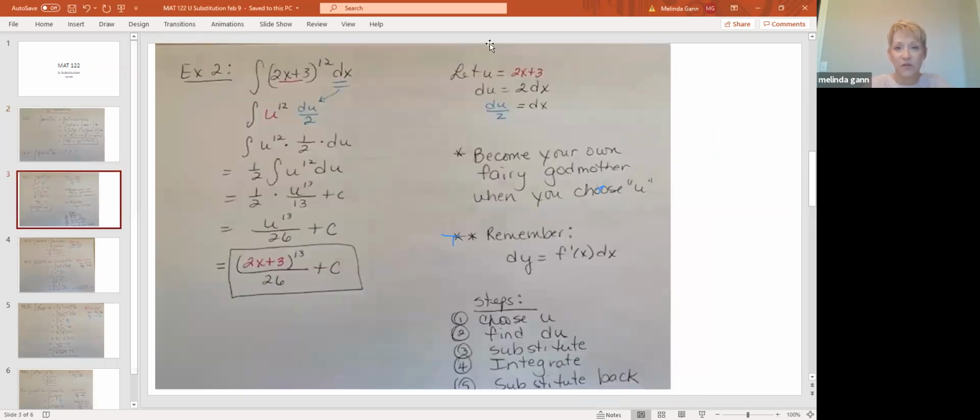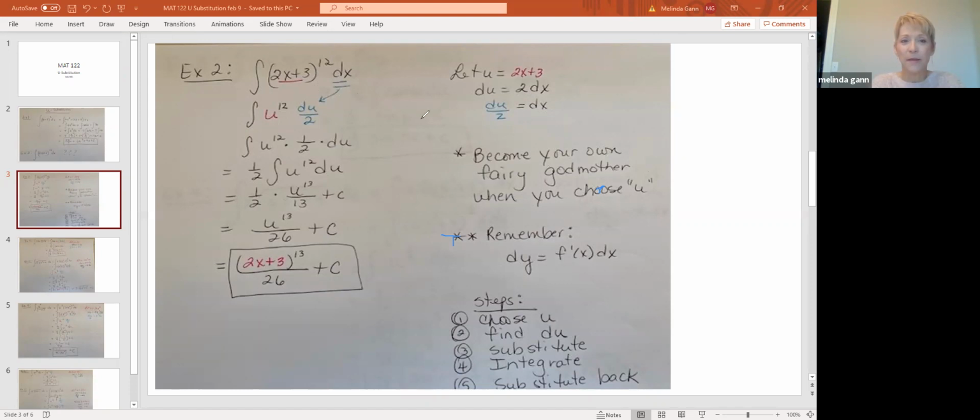Now, this is kind of Dr. Gann's way of saying it. Okay? Now, I'm integrating (2x plus 3) to the 12th, so that you can't really see that very well. Okay? So what I'm going to do is this. And here's what I mean by become your own fairy godmother. When I glance at that, what I think is, I wish it was just a single letter to a power.